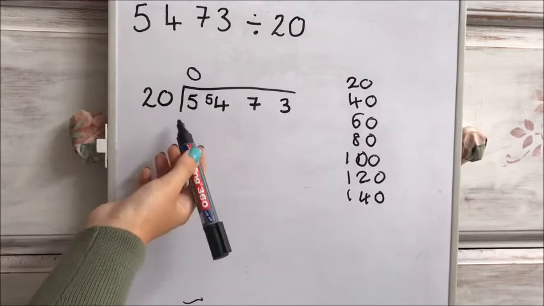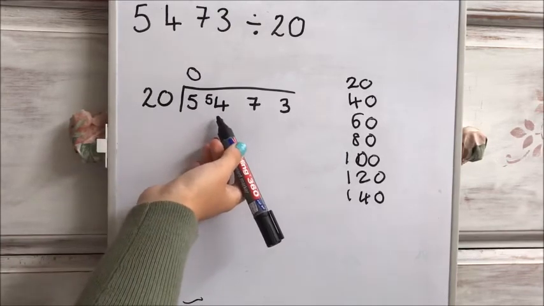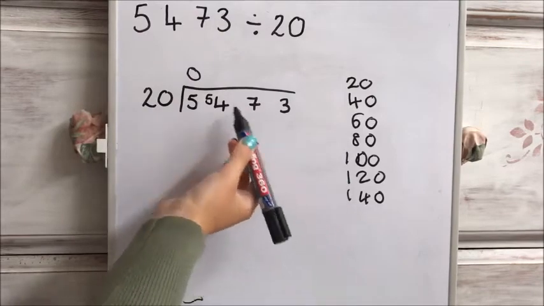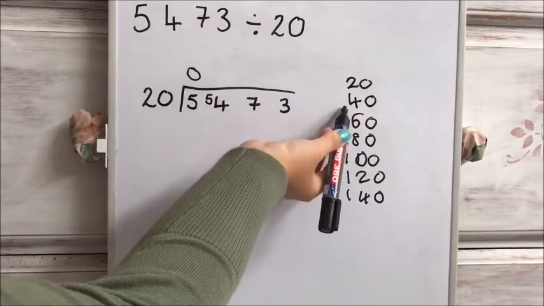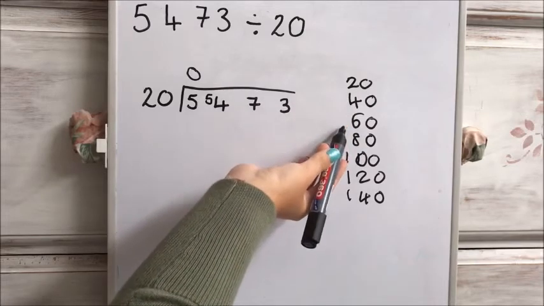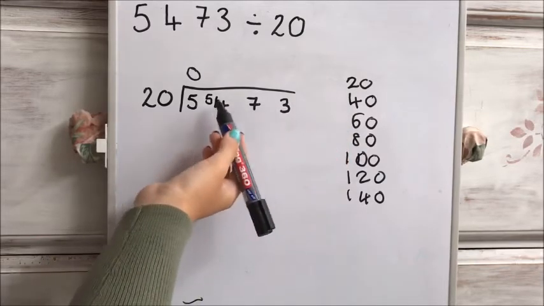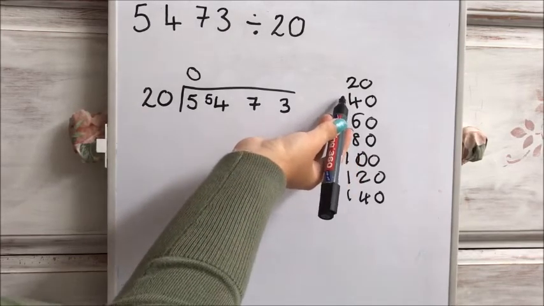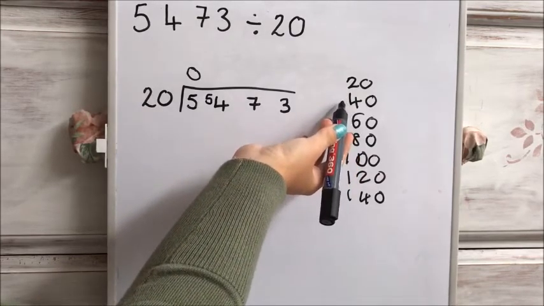So 54 is between 40 and 60, or between 2 lots of 20 and 3 lots of 20. Because 54 is not quite as big as 60, we have to use 2 times 20.